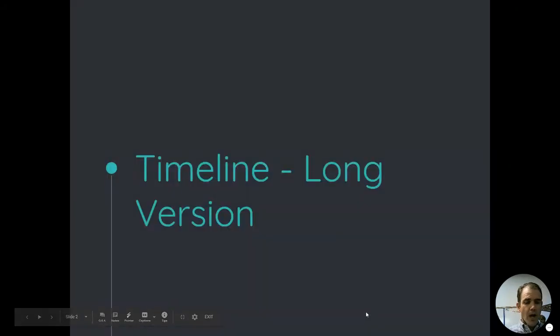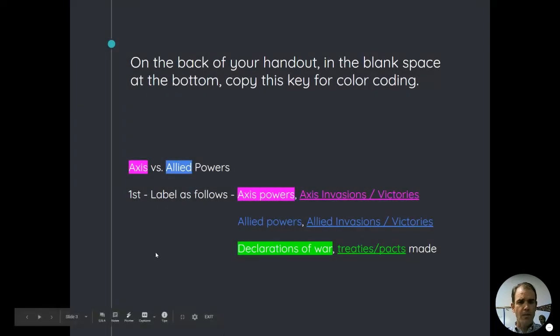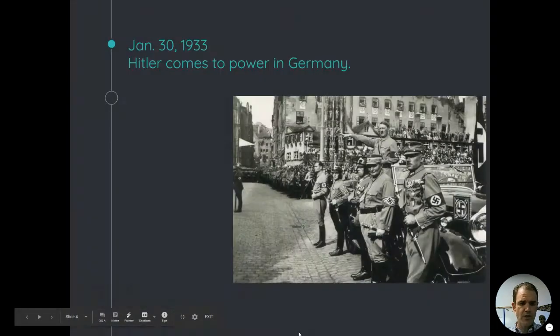So again, this is the long version of the timeline. Don't let that worry you. It's not that much longer as far as time frame goes than the short form. Here are your instructions again, if you need them. These are the instructions that you're going to follow.